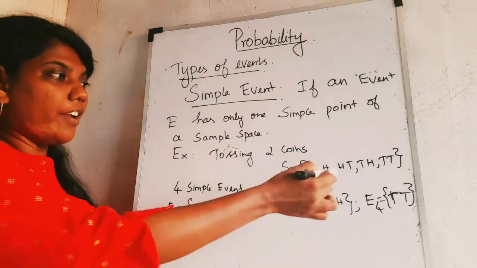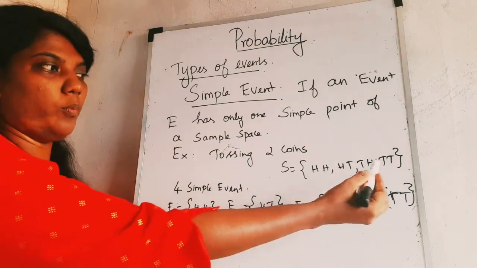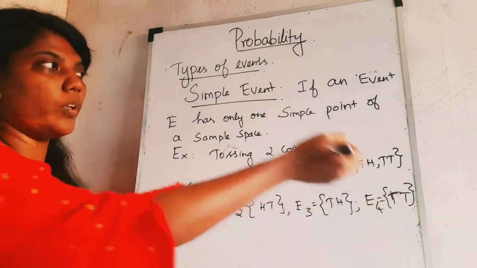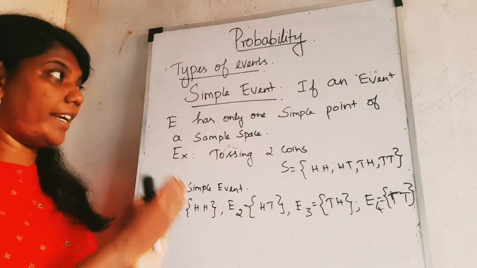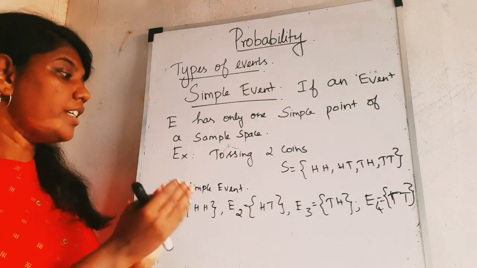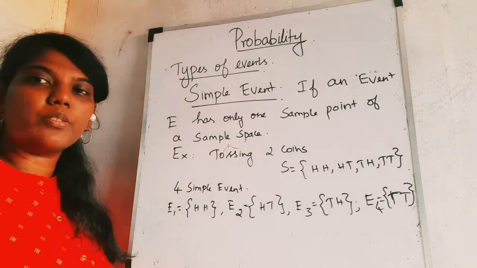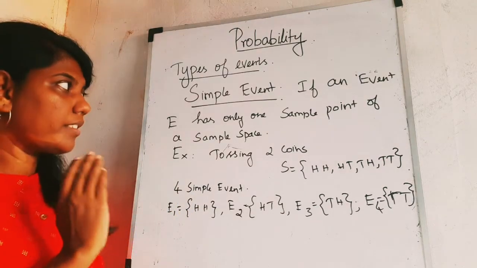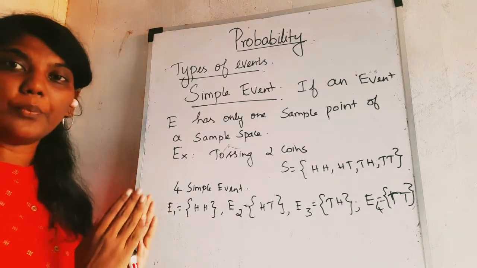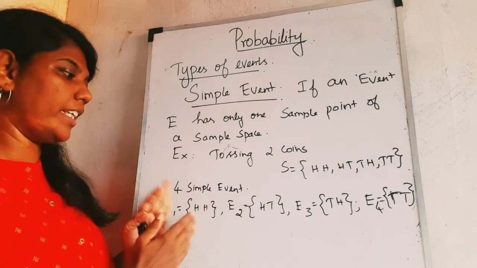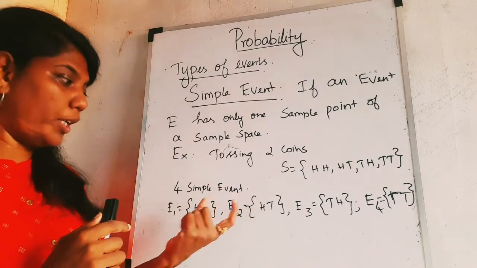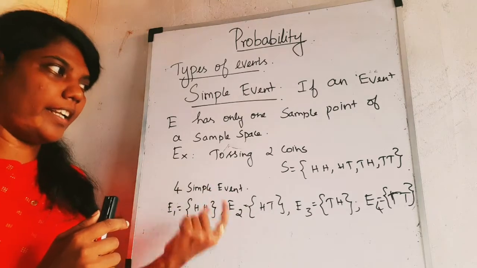Each one of these is a single point, so all these 4, each one you take and write as a simple point. These are the simple events, where each event has only one sample point, either head head or head tail.